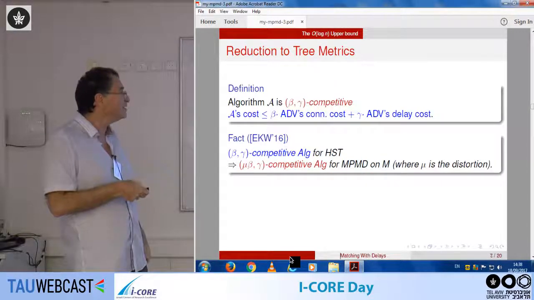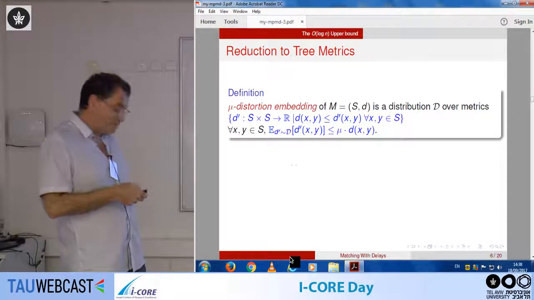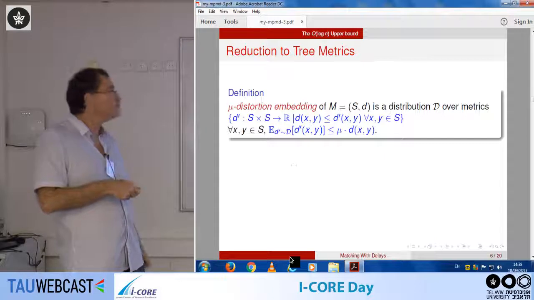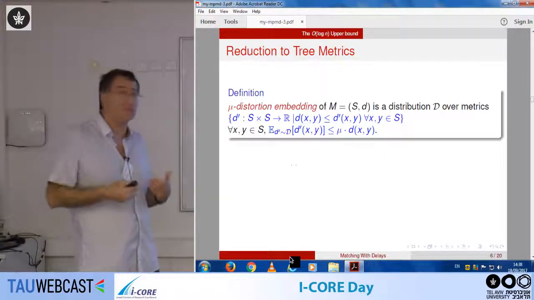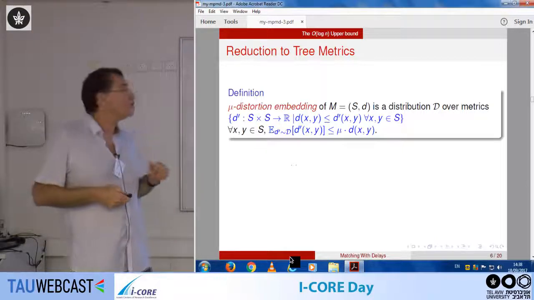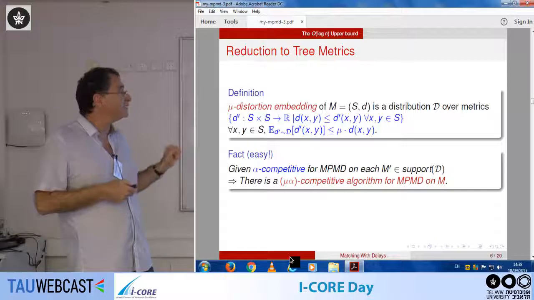And here mu is actually the expectation. So the stretching of the distance is in expectation. But still, it's fine. So you can get a good embedding.